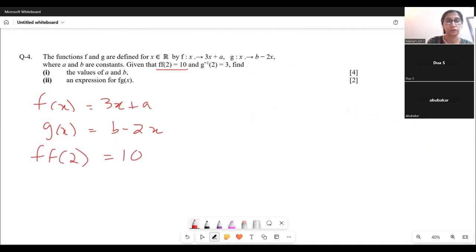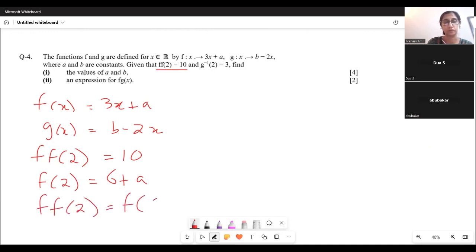Let's find f2 first. What is f2, Abu Bakr? 6 plus a. Yes, 6 plus a. Then what is ff2? That means in f, now you have to substitute 6 plus a. Inside f, you have to substitute the value of f2, and f2 is 6 plus a.